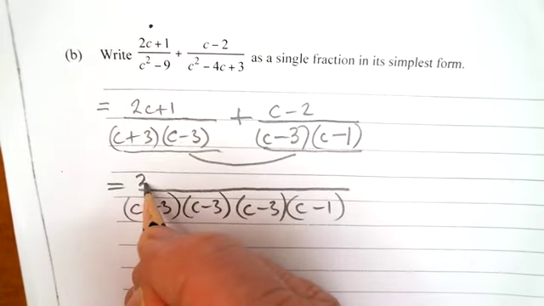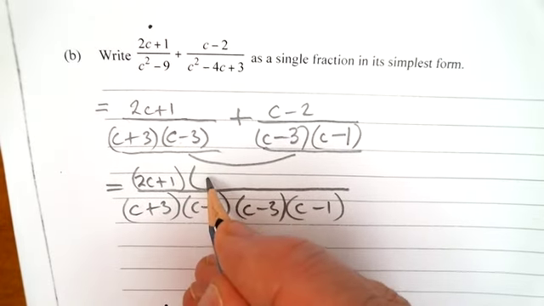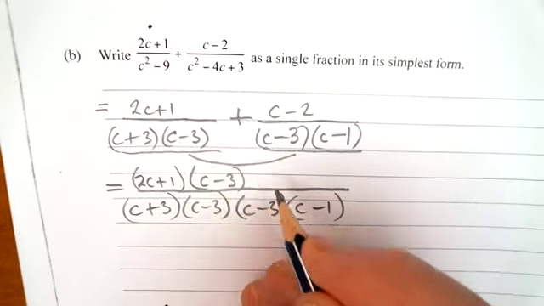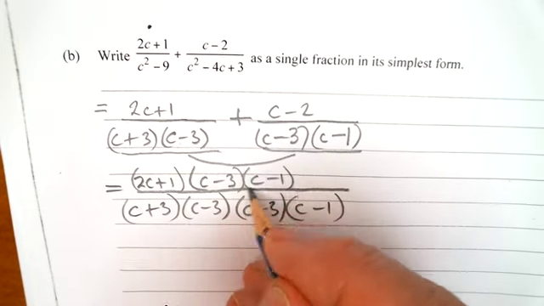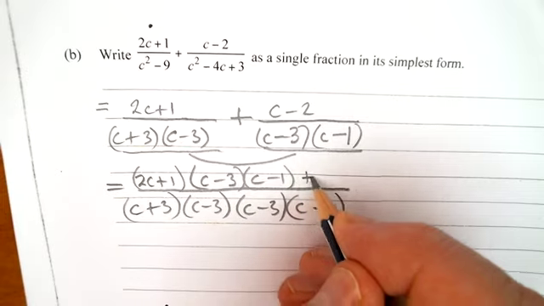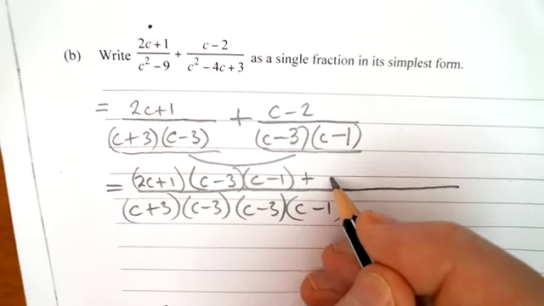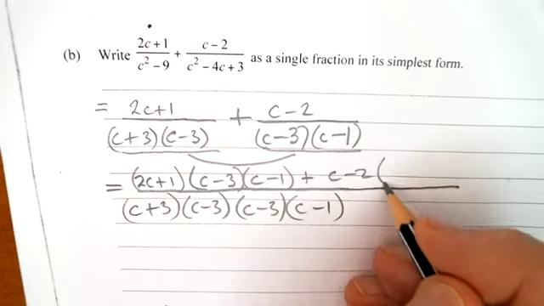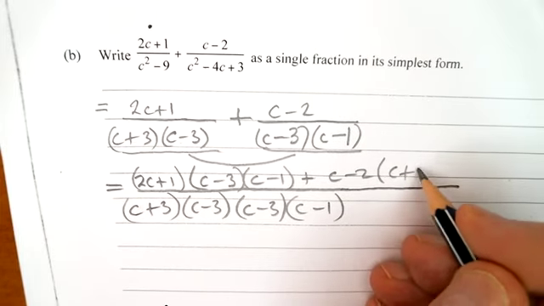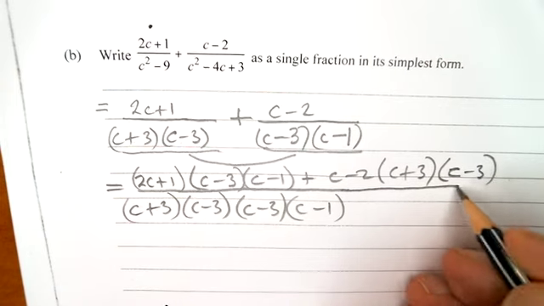So it's going to be 2c plus 1 times c minus 3, c minus 1, plus all of that times c minus 2. So I'm going to extend the vinculum. I've got c minus 2 times c plus 3 and c minus 3.